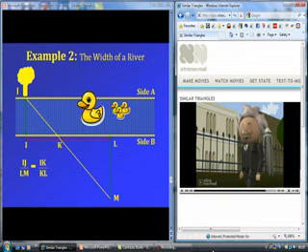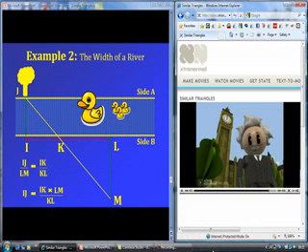If you know the length of your foot, then you can easily measure distance IK and KL and LM. Finally, through simple cross multiplication, we can easily calculate IJ, the width of the river. Isn't that amazing?